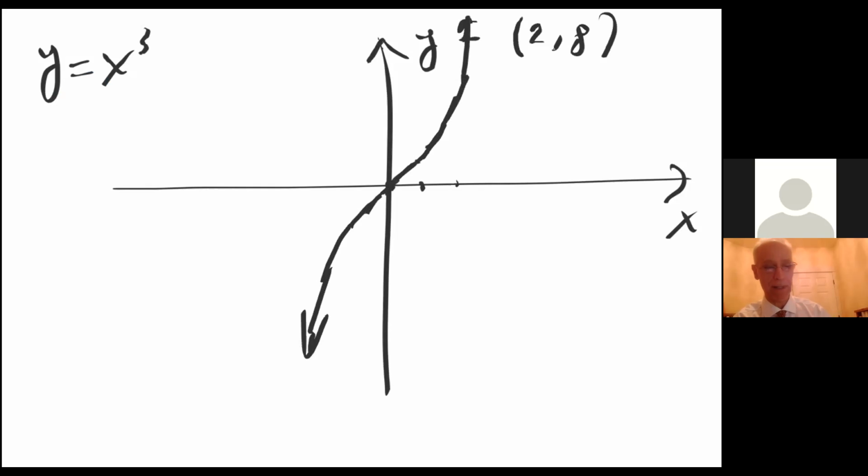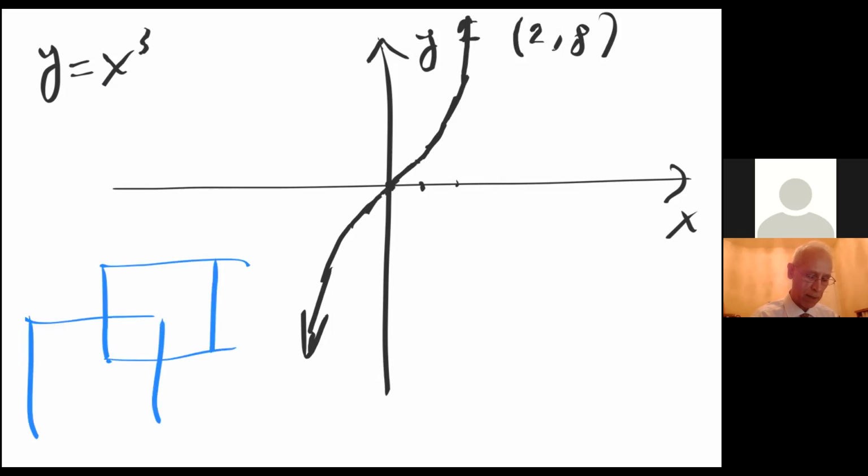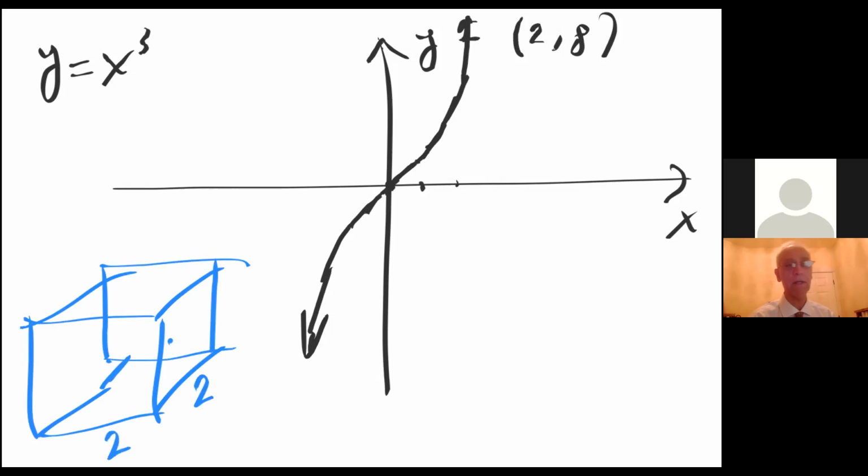But geometrically, this in fact is a box, a cube, where each side is 2. So the volume of this box is 2 times 2 times 2, which is 8, and it could be represented using Cartesian coordinates.